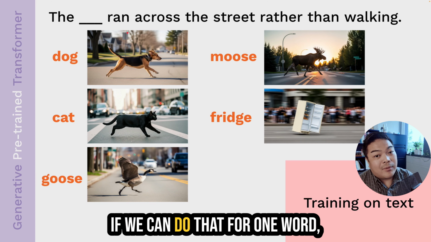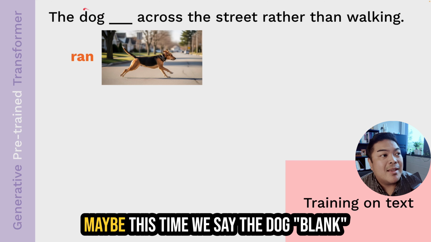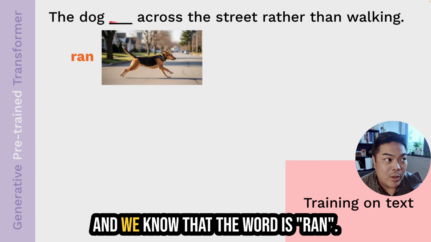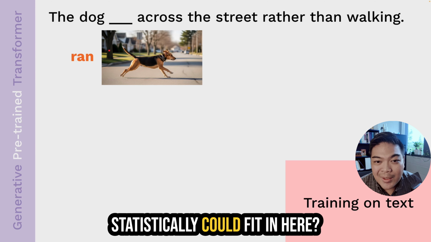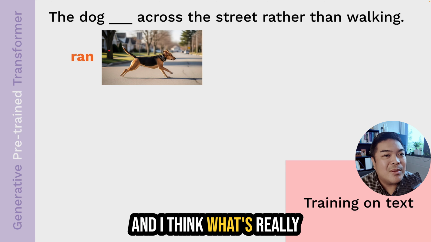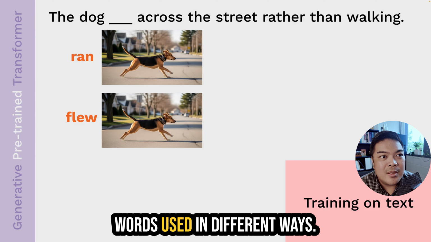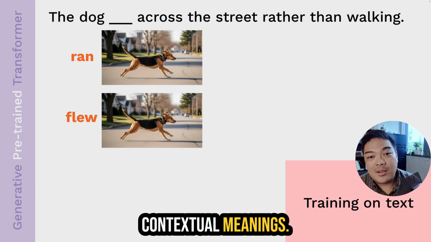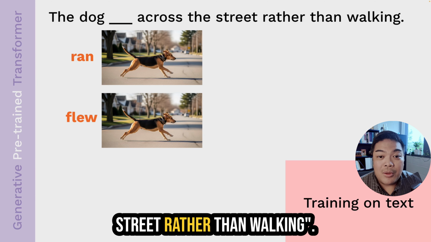Okay, if we can do that for one word, all we really have to do is extend that to a different word. Maybe this time we say the dog blank across the street rather than walking. And we know that the word is ran, but what other words statistically could fit in here? And I think what's really interesting is when you start seeing words used in different ways, words that have different contextual meanings. So for example, we could say, man, the dog flew across the street rather than walking.